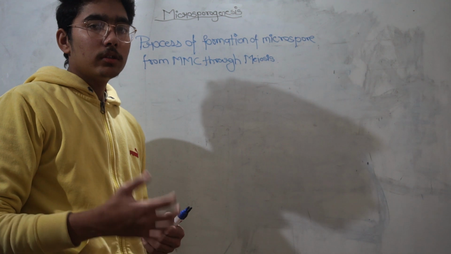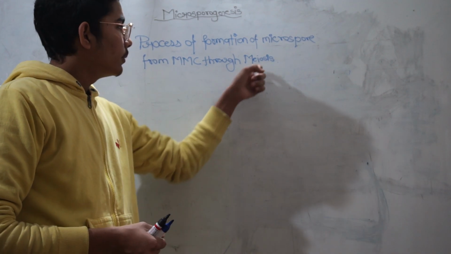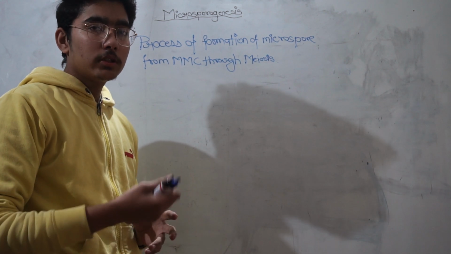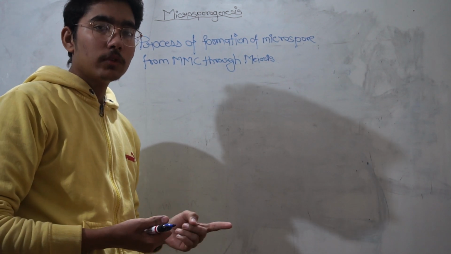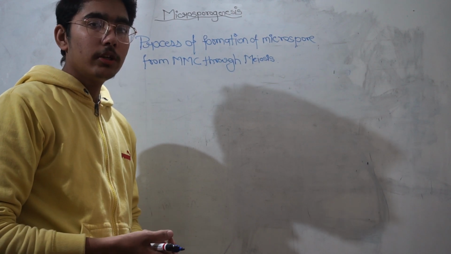Now, as I have told you in previous lectures, meiosis has two phases, that is meiosis 1 and meiosis 2. And meiosis is also a reductional division.